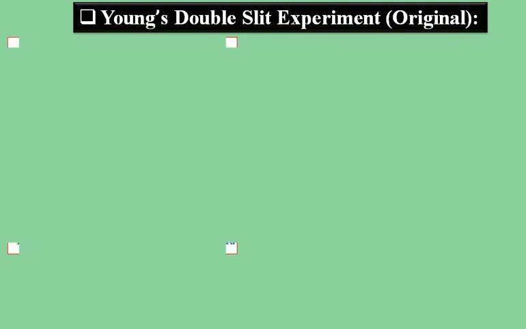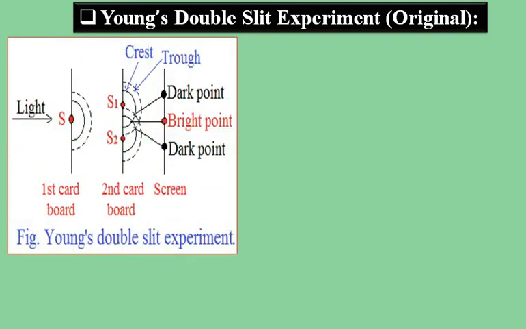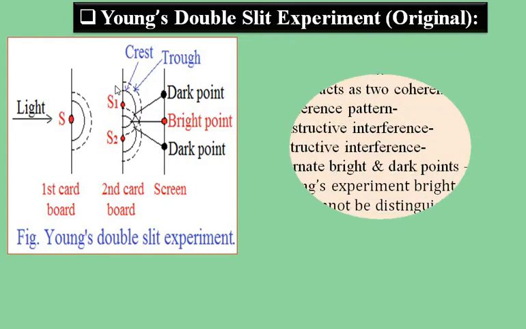Let us see the original experiment made by Young. Here he took two cardboards, cardboard first and cardboard second. On cardboard first he made one pinhole, and on the second he made two pinholes.